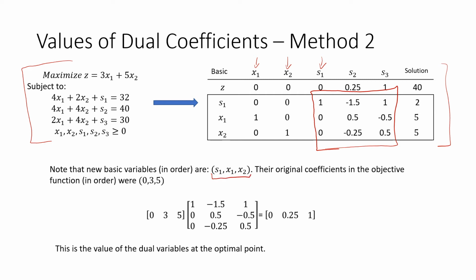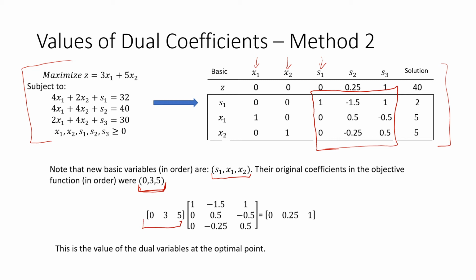Go back to the original tableau. What were the initial values of those variables in your objective function? They were 0, 3, and 5. S1 wasn't in there. Our original objective function was 3x1 plus 5x2. So now we have a row vector that represents the original values of my new basic variables.